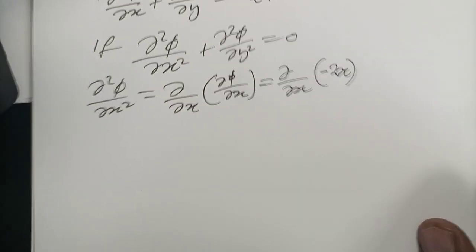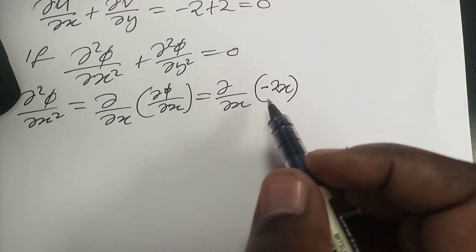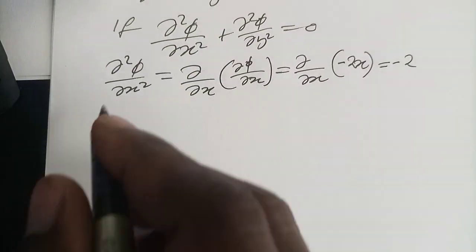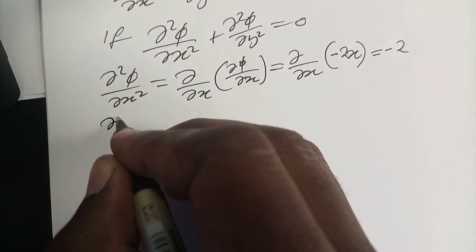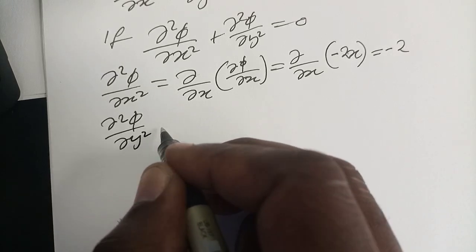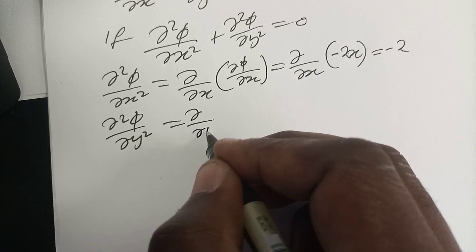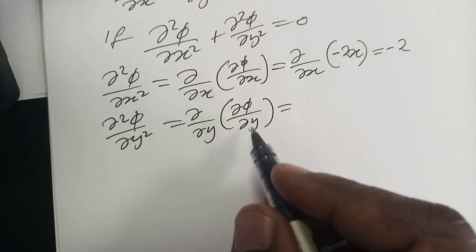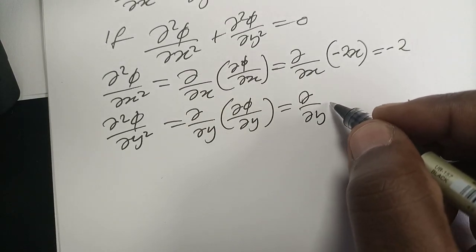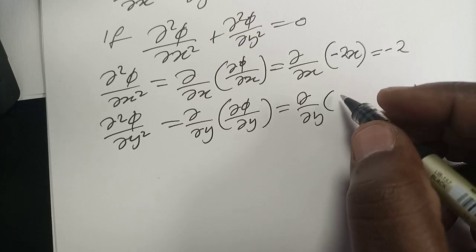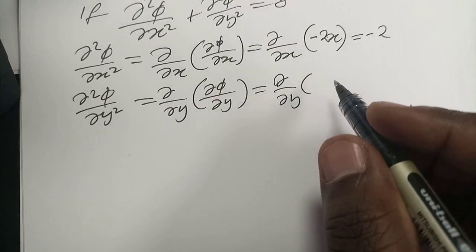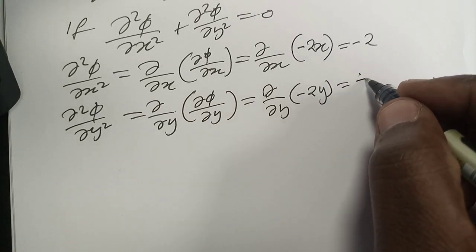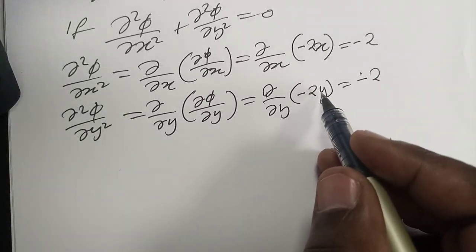So differentiating this with respect to x, we're going to get negative 2. Again, find now the second derivative with respect to y. This we know already, it was found here, negative 2y. Differentiate it again, you get negative 2, because you're differentiating this function with respect to y.